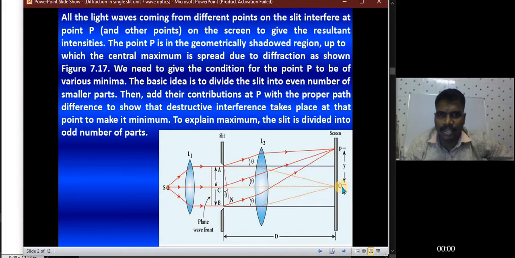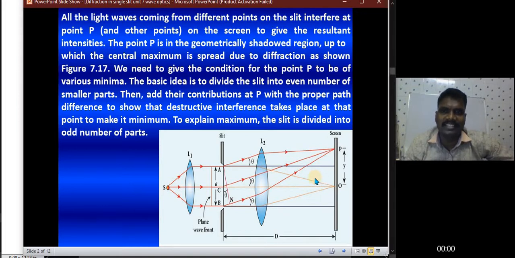We need to give the condition for the point P to be of various minima. The basic idea is to divide the slit into an even number of smaller parts, then add their contribution at P with the proper path difference to show destructive interference. Destructive means dark fringes formed on the screen.